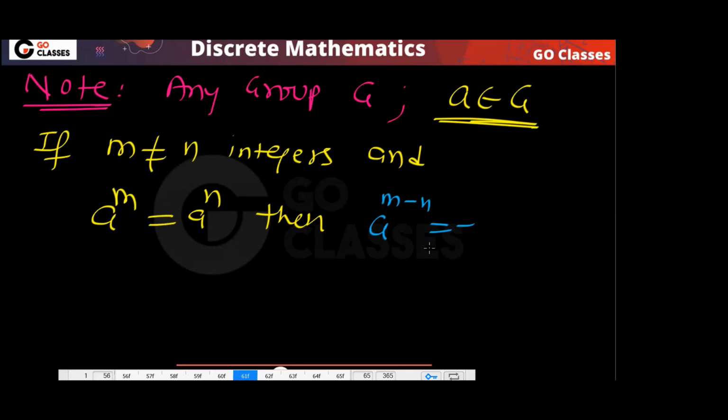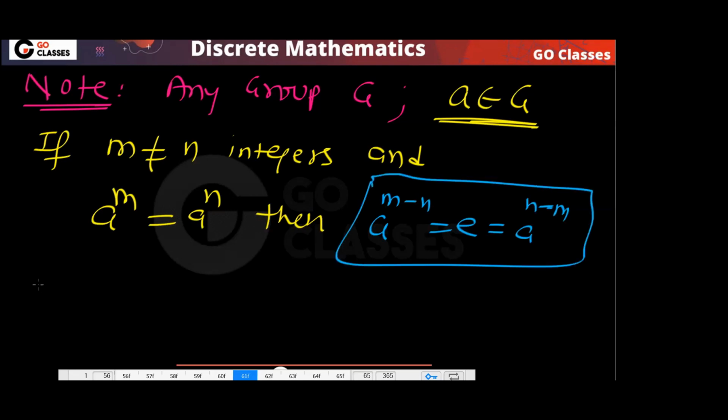A power n minus m is also the identity element. And I can say order of A will be less than or equal to m minus n.